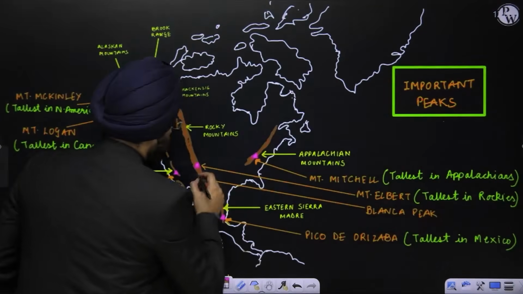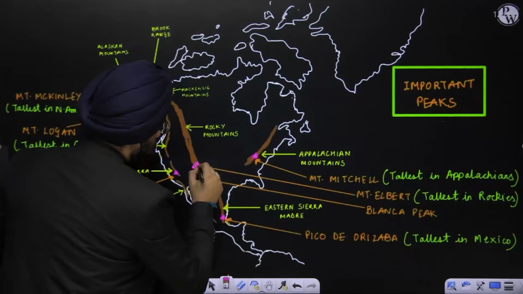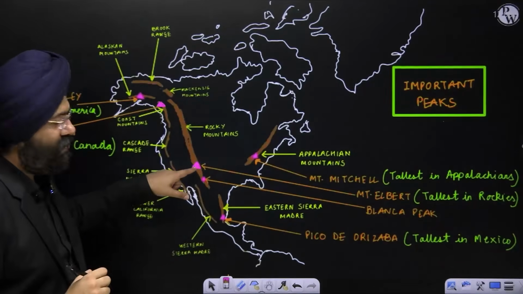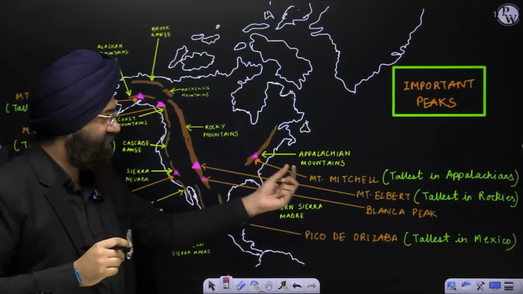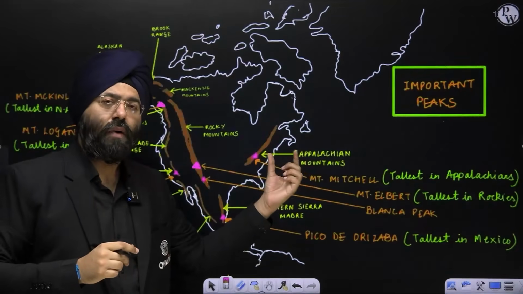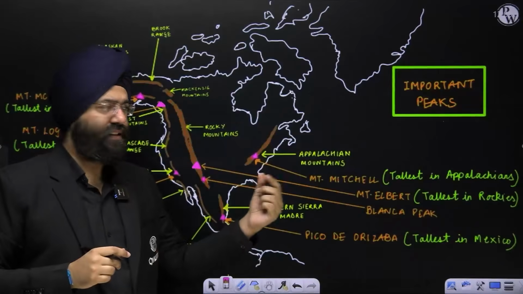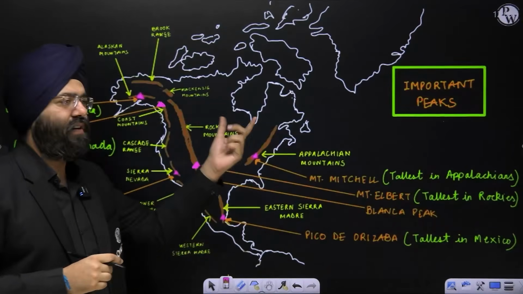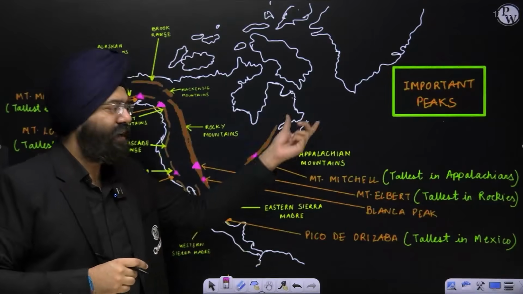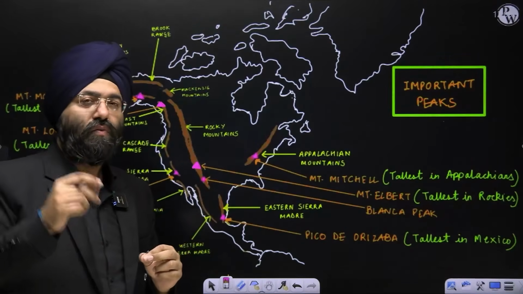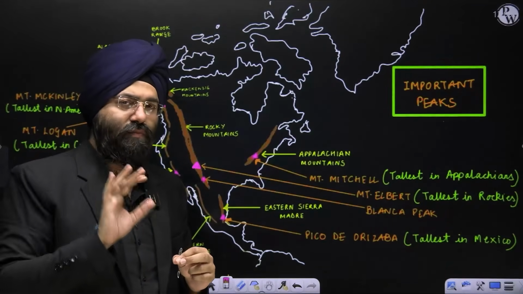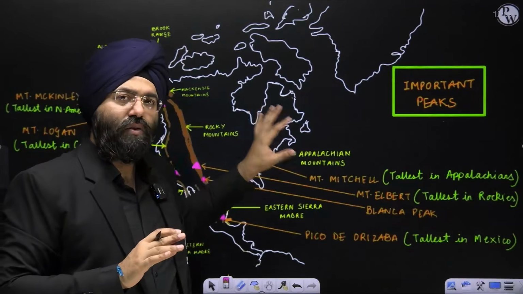If you see over here, this mountain on the Rockies, because what happens is they will mention the name of the mountain and they will write the range. Let us say Mount Elbert, they will write Sierra Nevada, or Mount Blanca, they will write Appalachian, and that time you will get confused. So which peak is present in which mountain range, that is why it becomes important, and I've drawn that in the particular map also.